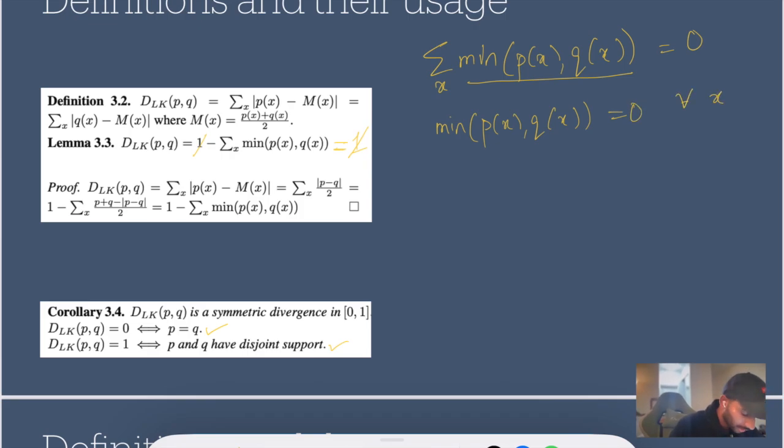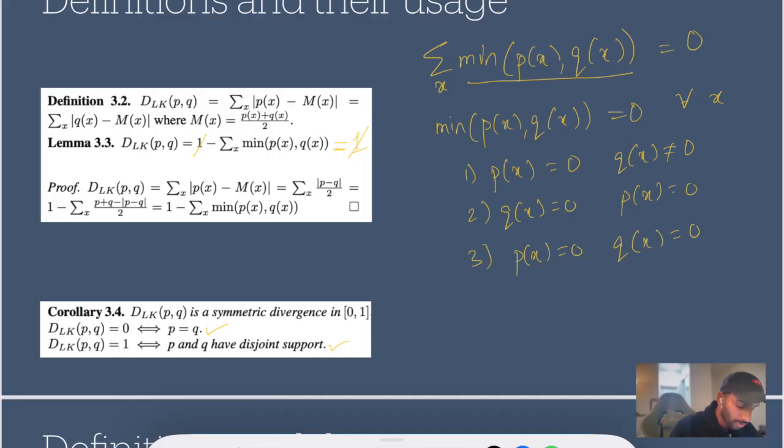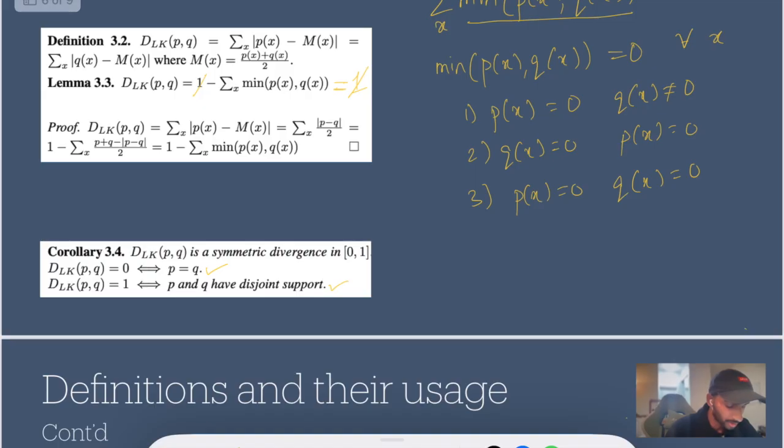Now this can take one of these cases. Case one is when P(x) is 0 and Q(x) is not 0. Case two is when Q(x) is 0 and P(x) is not 0. And case three is when both of them are 0, right? So this basically means that where the probability of the tokens predicted by the P distribution is high or non-zero, that's where the Q distribution thinks that it is 0.